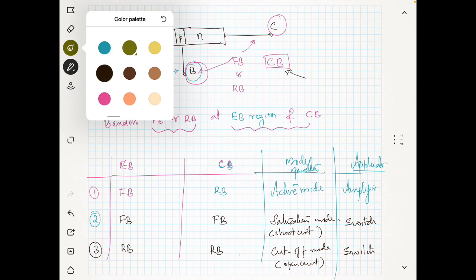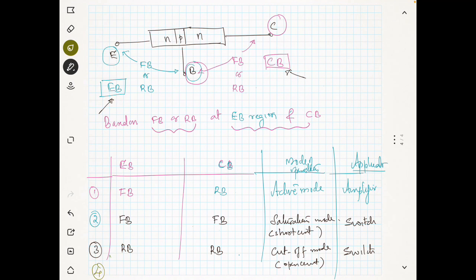And now the last part, we have one more configuration. That means the emitter base junction you are giving reverse bias and the collector base junction you are giving forward bias. This kind of configuration is known as the reverse active mode, and it has very less gain and is not used.